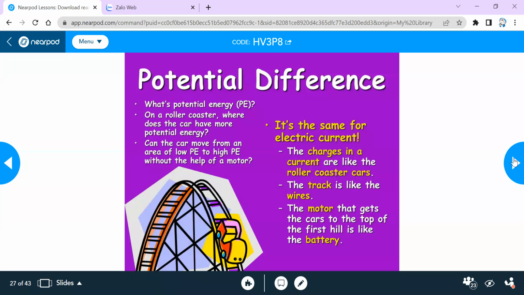So the same as the electrical current, the charge in a current is like a roller coaster car. The track of a roller coaster is like a wire. The motor that gets the car to the top of the first hill is like a battery. So we can relate electric current to potential energy using the example of a roller coaster.